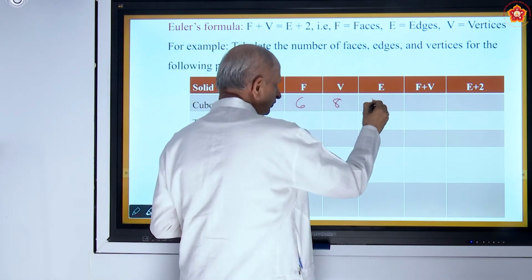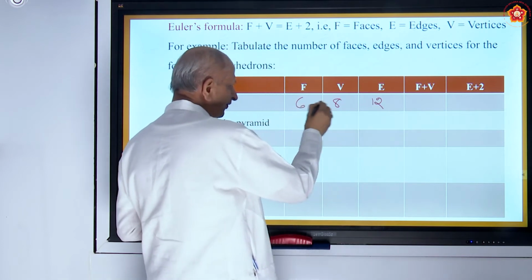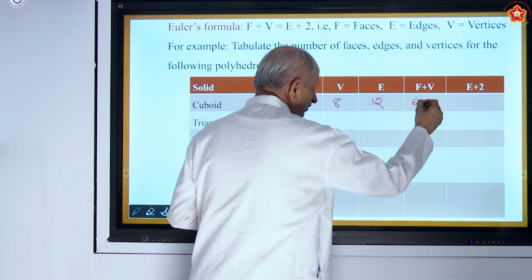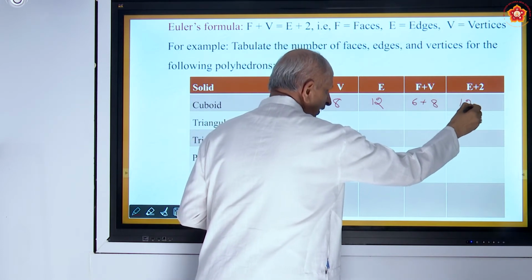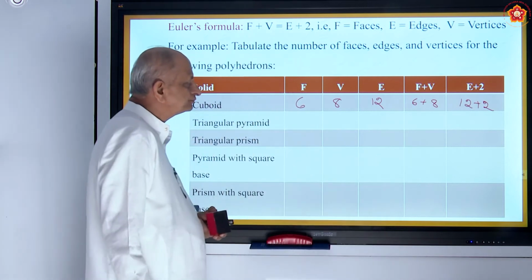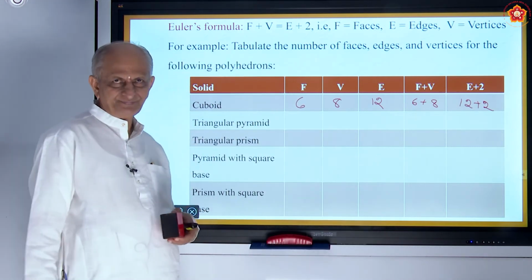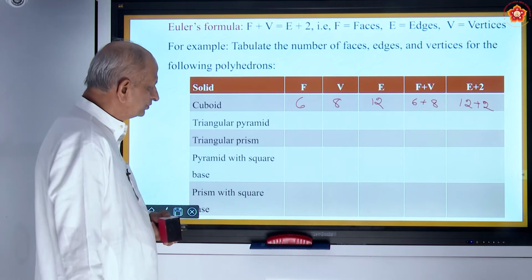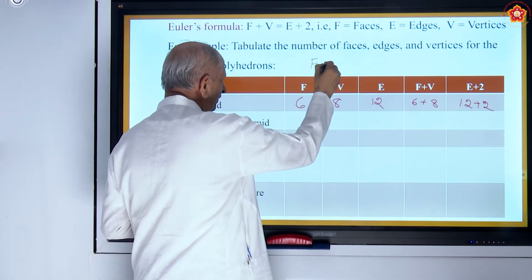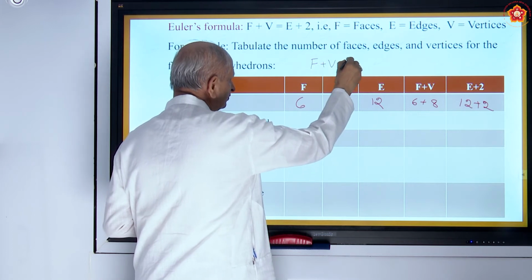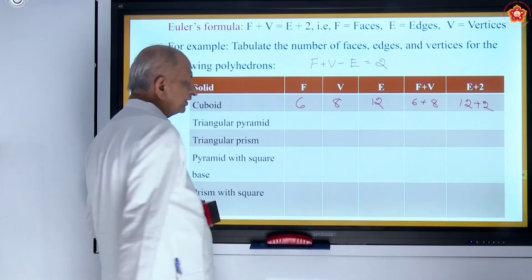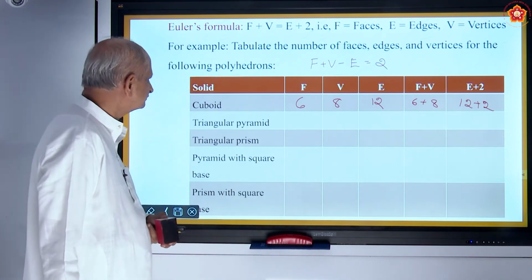So, you have 12 edges. So, if you add F plus V, 6 plus 8 and E plus 2, 12 plus 2. Whether it is true? Correct. So it is true. So, Euler's formula can also be written like this. That is also called Euler's formula.